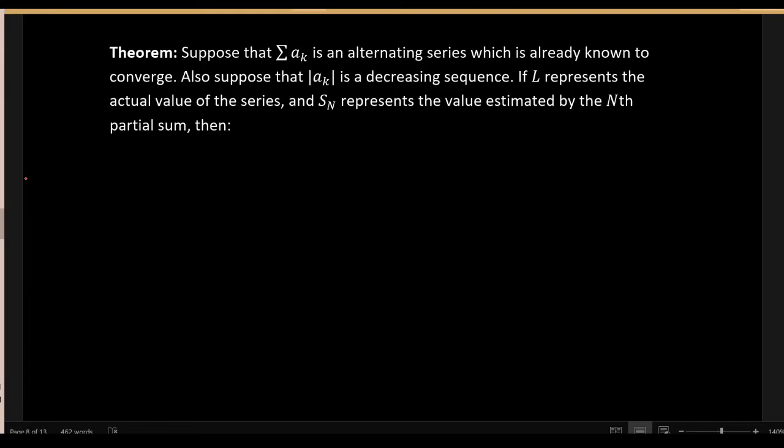I'm going to use the letter L to represent the series' actual value, the value of that limit, and S sub n to represent the nth partial sum. If we estimate the value of L using the nth partial sum, then what can we say about the error? What can we say about the difference between the actual value and the estimated value?